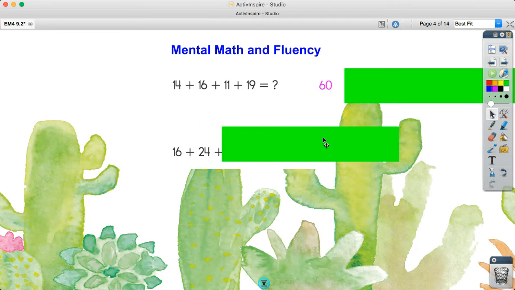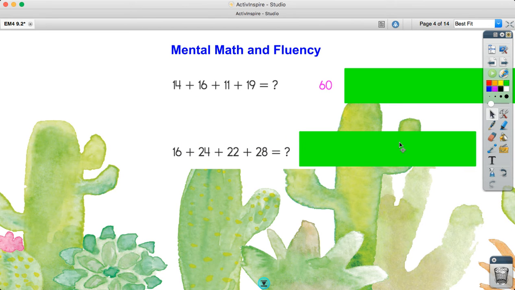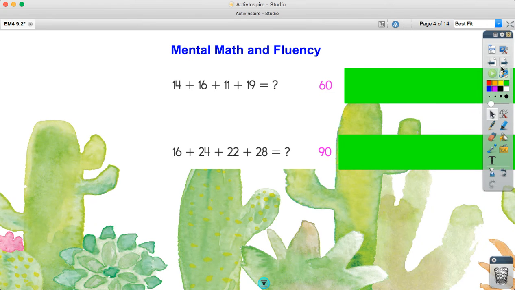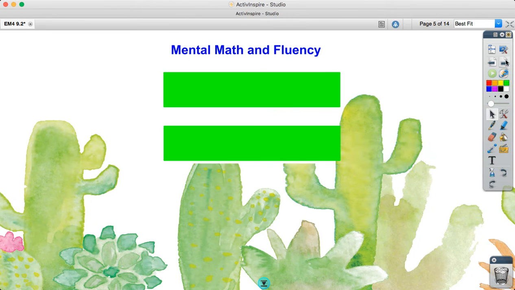Let's try the next one. 16 plus 24 plus 22 plus 28. The answer is 90. Great job. Let's try the next one.